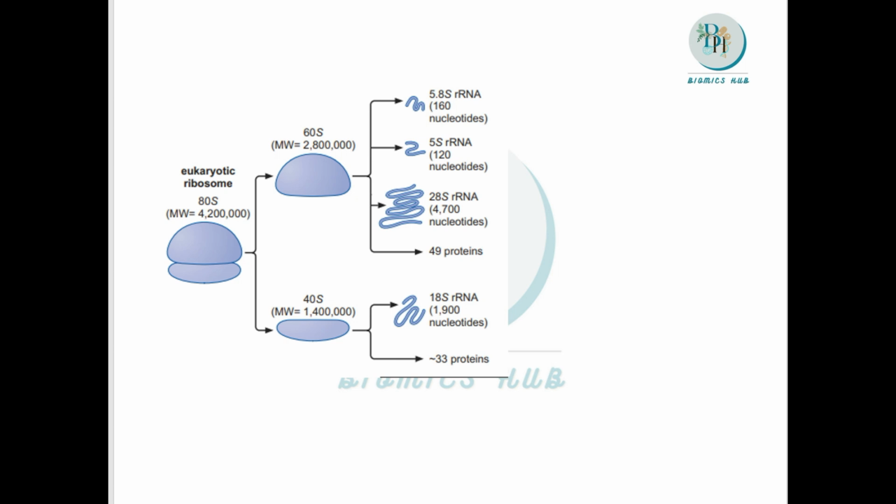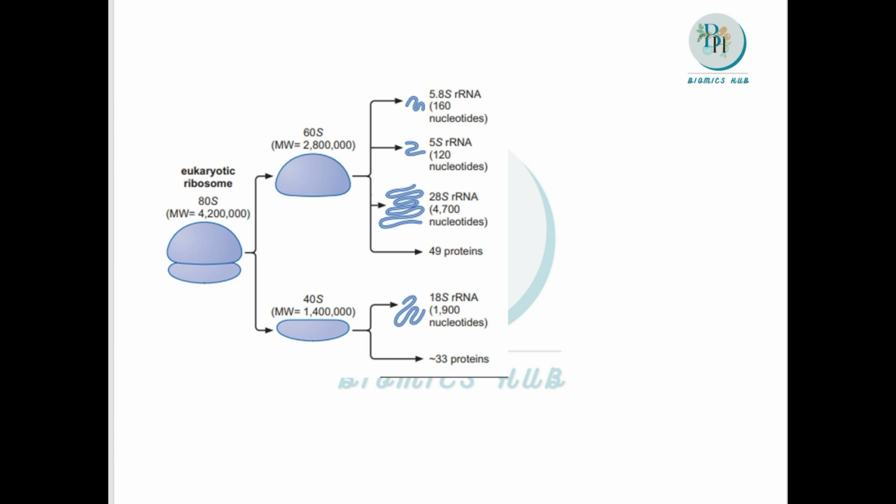It has 5.8S rRNA, 5S rRNA, 28S rRNA, and 49 proteins. The 40S subunit has 18S rRNA and 33 proteins. The small subunit is responsible for binding to the mRNA; the 18S rRNA is complementary to the mRNA.